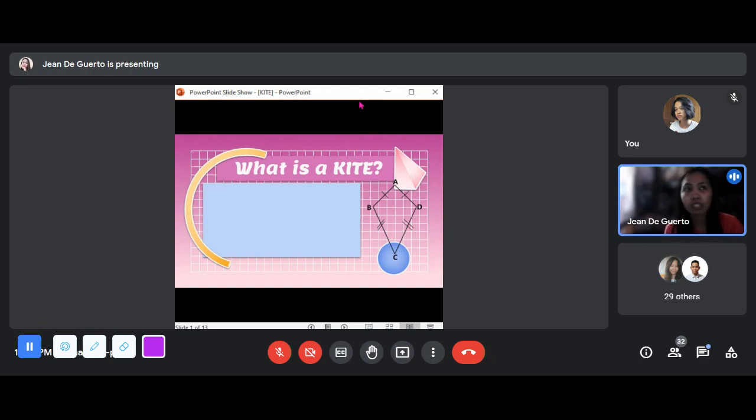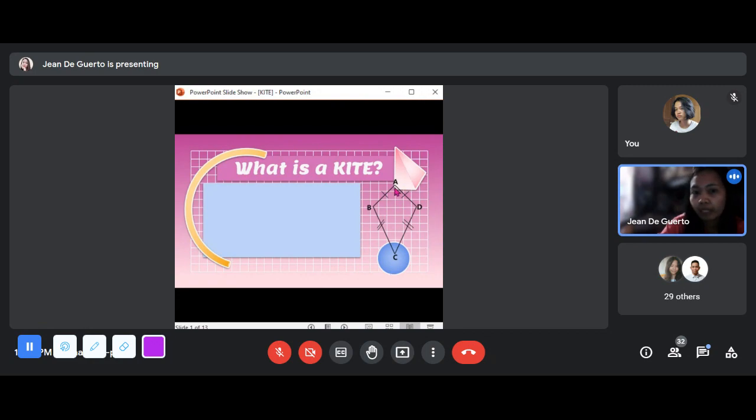That means kung yung parallelogram, dalawang pares ng opposite sides niya ay congruent, tapos yung trapezoid kanina, it has only one pair of parallel sides, yung trapezium naman, wala siyang pair ng parallel sides. And since kite is a special trapezium, it has no pair of parallel sides. So it has 0 pair of parallel sides. Okay?